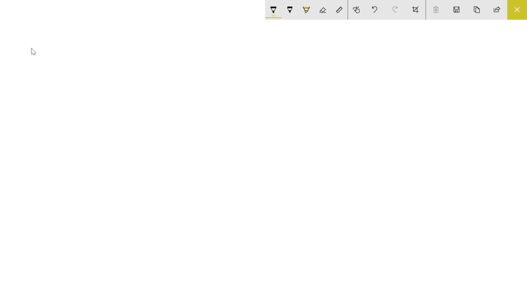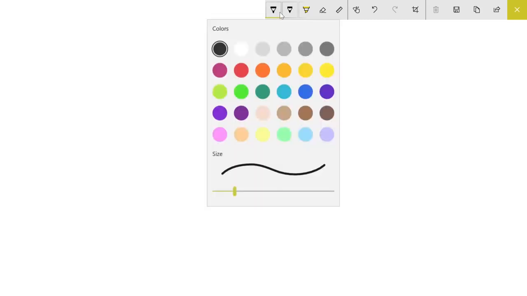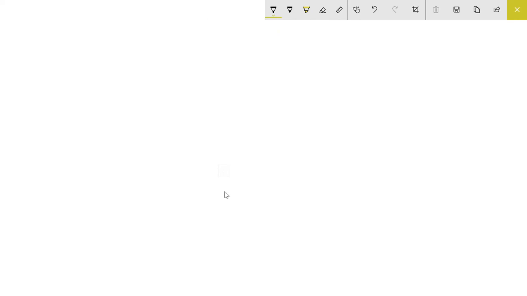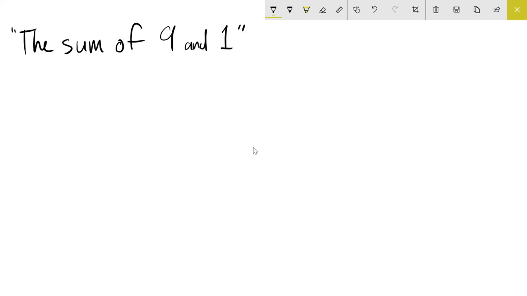So I gave you a sentence, and it said the sum of 9 and 1. Okay. So we want to be able to translate sentences into expressions or equations.